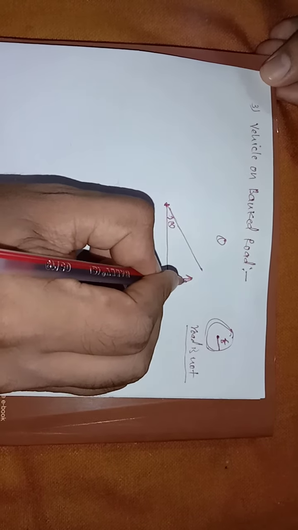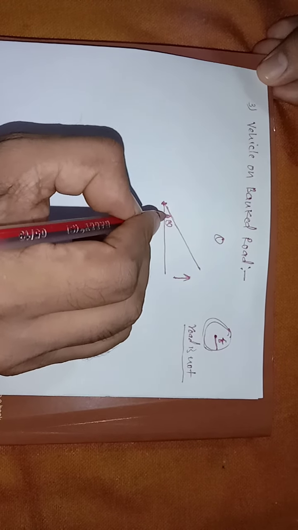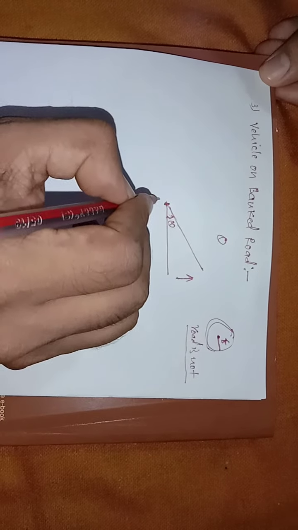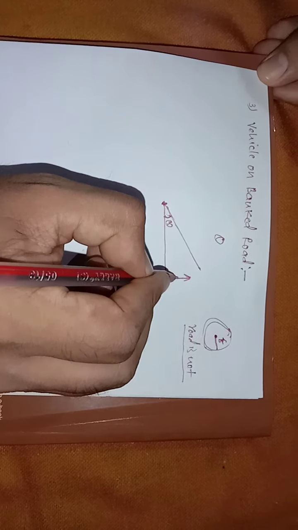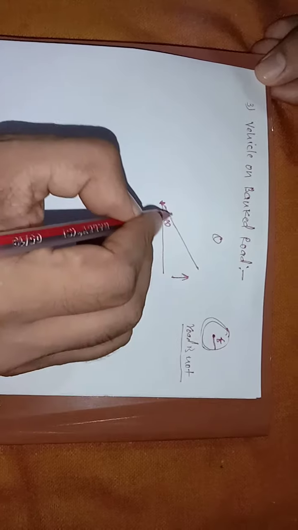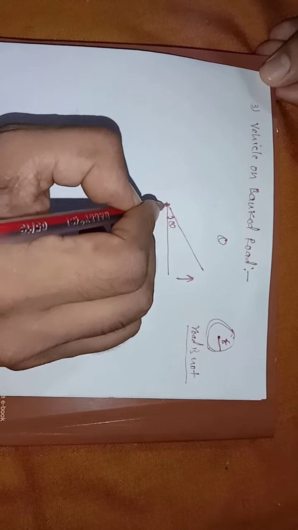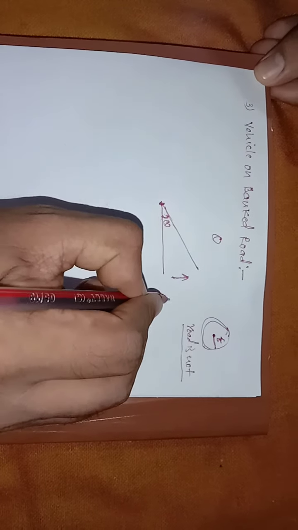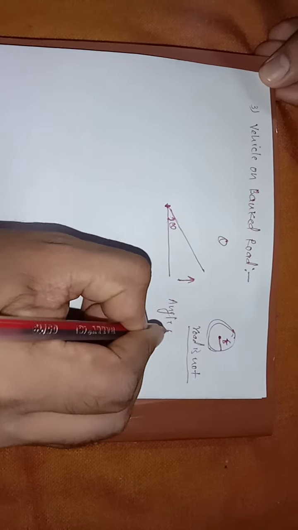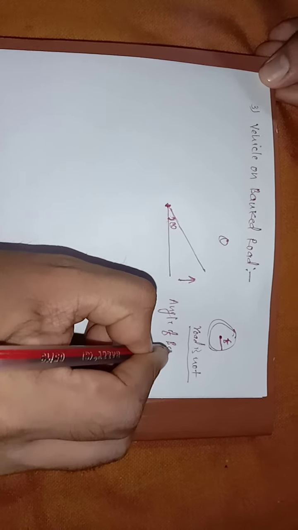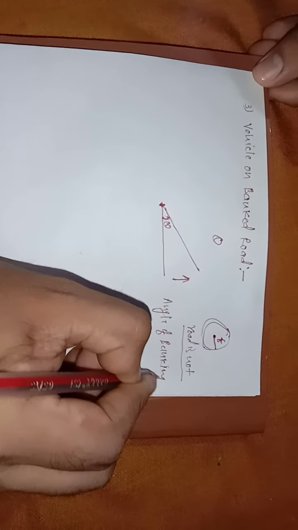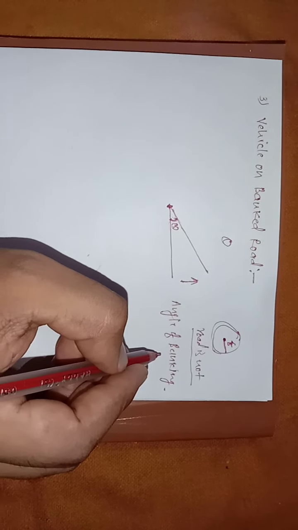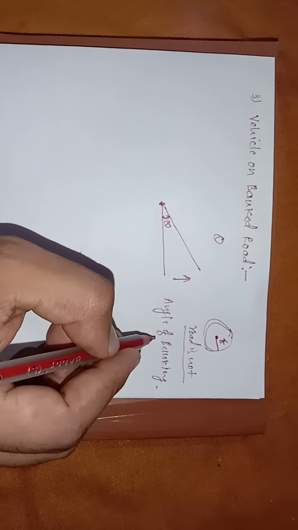The outer edge of the road surface is raised above its inner edge by a particular angle theta. That angle is called the angle of banking, or banking angle.